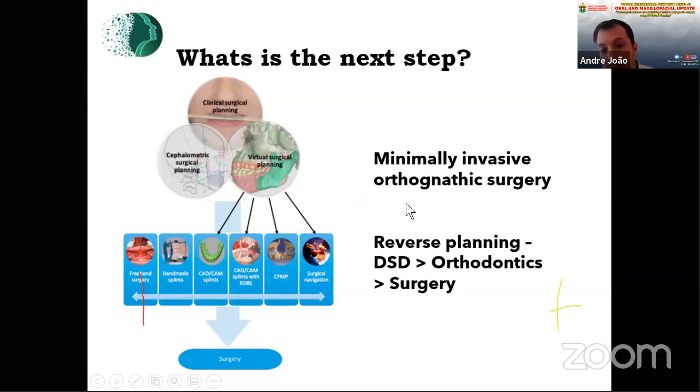There is a surgeon, his name is Jonathan Klaus, who developed the concept of minimally invasive orthognathic surgery. He performs very small incisions using just a few small plates for fixation of the mandible, or the mandible and the maxilla.